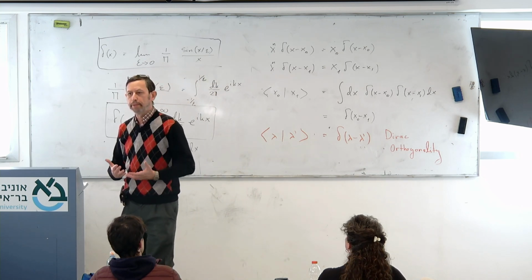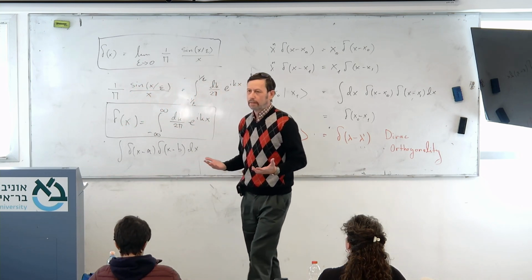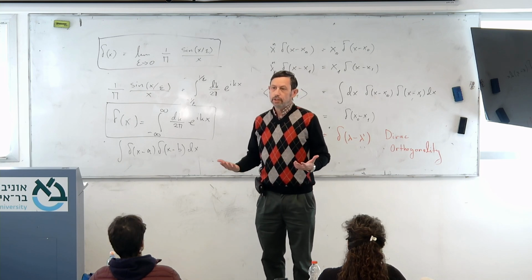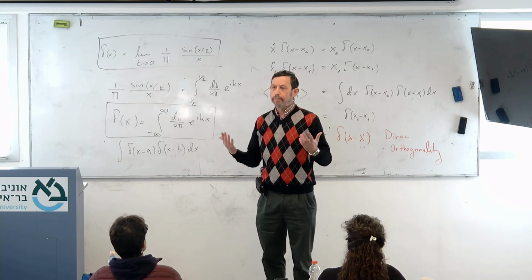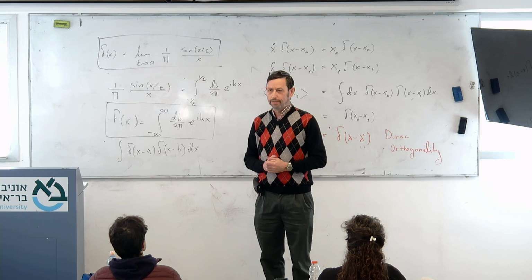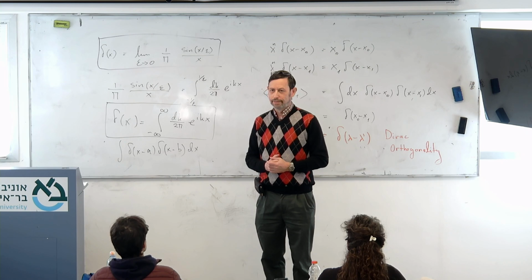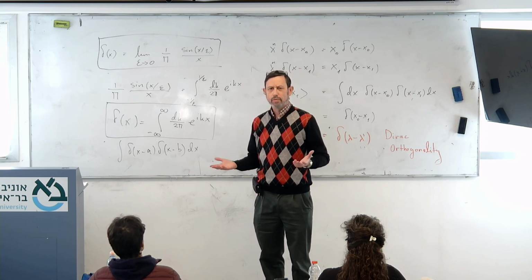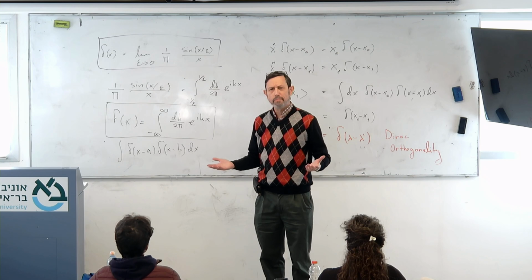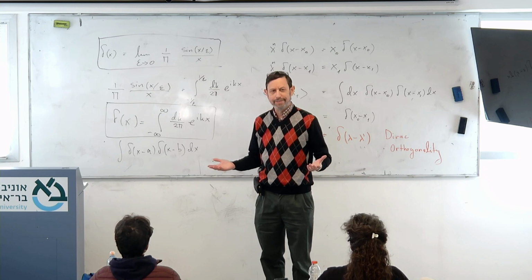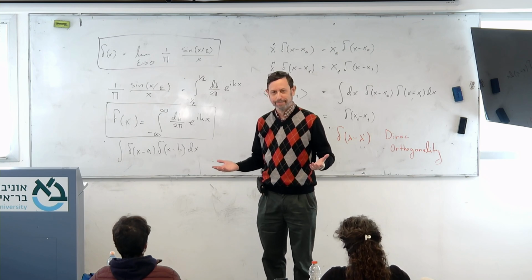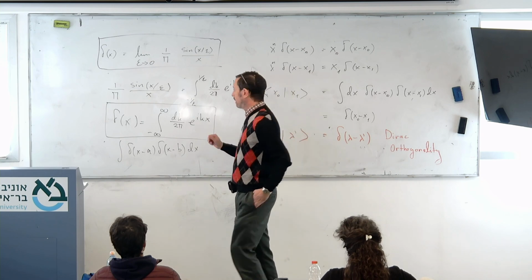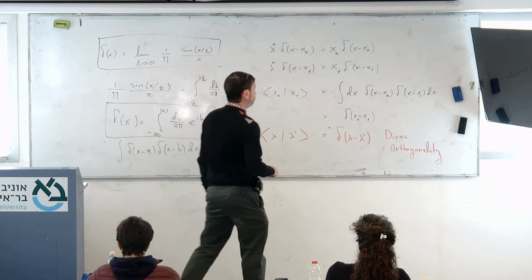So how do I build a wave function which is described in the base of position? Well, you can stop me a moment and say, sorry, we're doing it all the time. Psi of x, what does it mean? And we'll see in a moment what it really means.